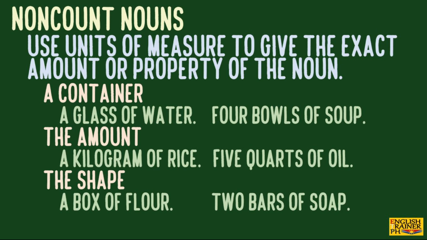For the amount, you can use a kilogram, a quart, a liter, a milliliter, and so on and so on. For the shape, it can be a box, it can be a bar, like a box of flour or a bar of soap. All of these can make the uncountable noun into a countable noun because we're using another noun as a container, or we're using the amount or the shape.